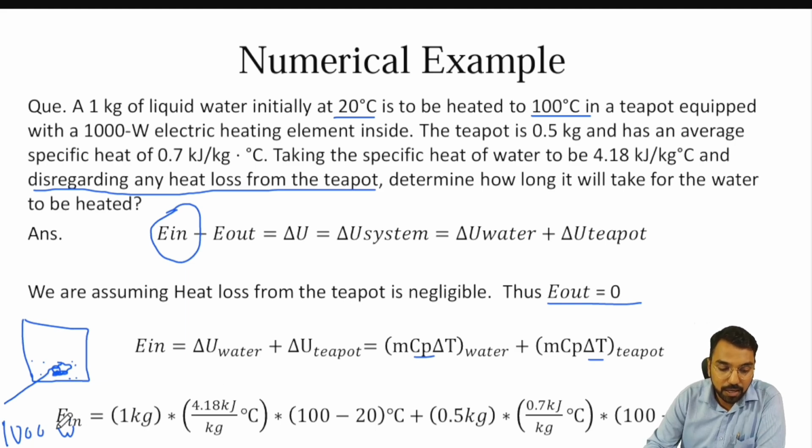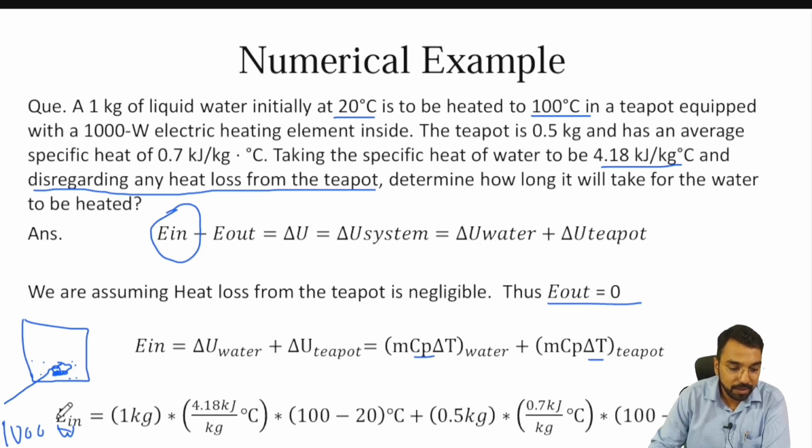So E in: water has mass 1 kg, its Cp, the specific heat at constant pressure, is 4.18 kilojoule per kg degree Celsius, and the temperature difference delta T is 100 minus 20 degrees Celsius.